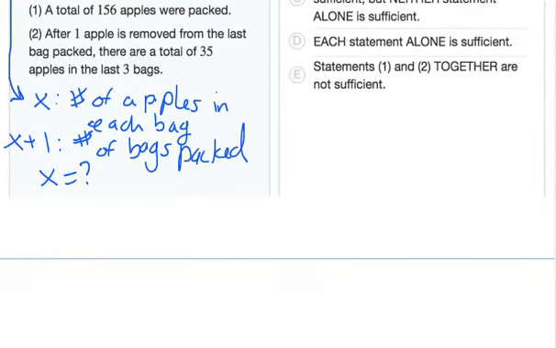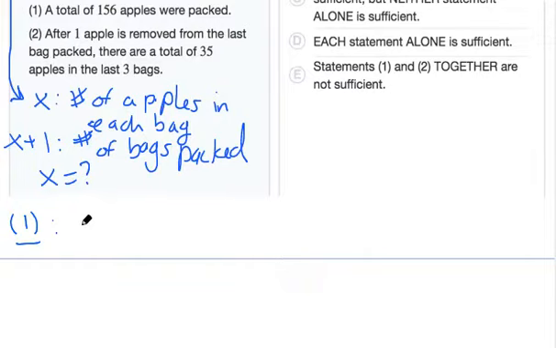Statement 1 tells us that a total of 156 apples were packed. Using the information that we wrote down from our question, we can create an equation for this statement.